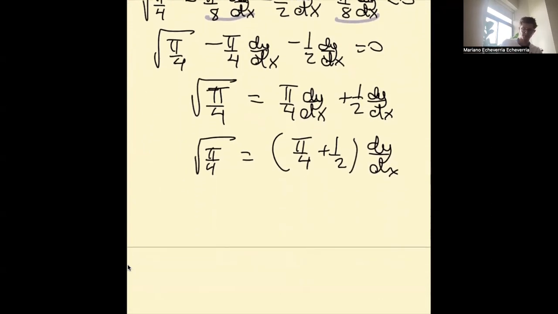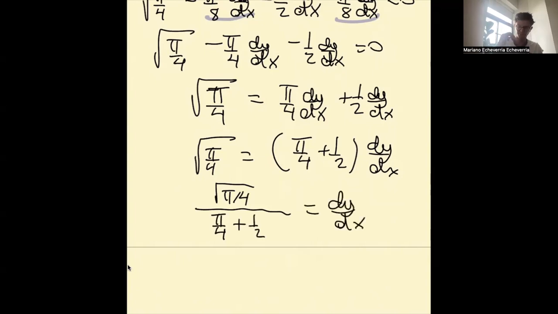And the slope would be root of pi over 4 divided by that. I wouldn't expect you to simplify this further after you found the value.